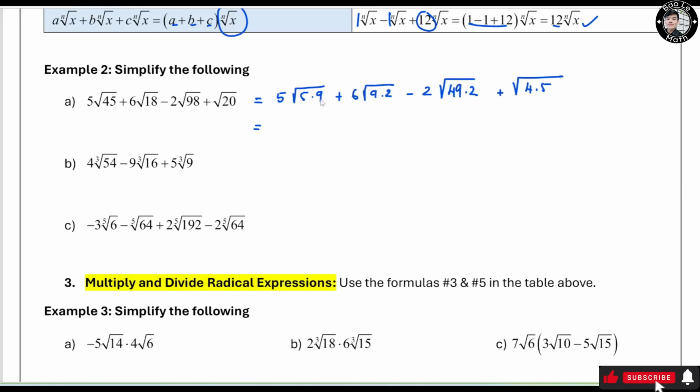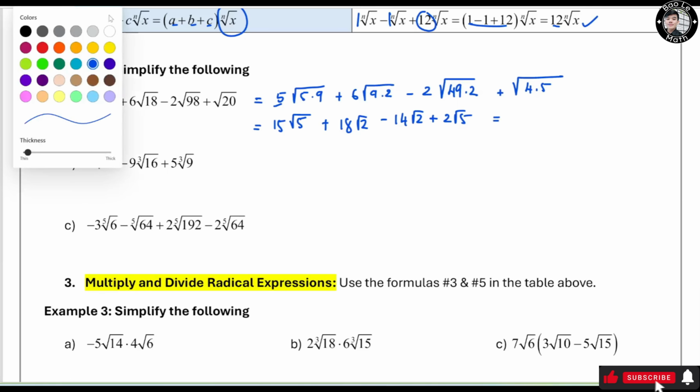Now square root of 9 equals 3. 3 times 5 right here equals 15. You have root 5 left, right? Plus 9 print outside is going to be 3. 3 times 6 is going to be 18 root 2, right? Now 49 print outside is going to be 7 times 2 is going to be negative 14 root 2. And 4 print outside is going to be 2, so 2 root 5, right?